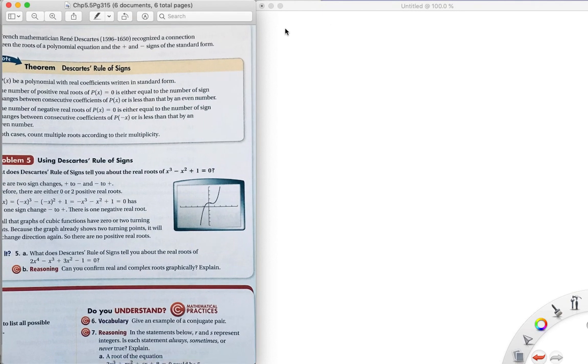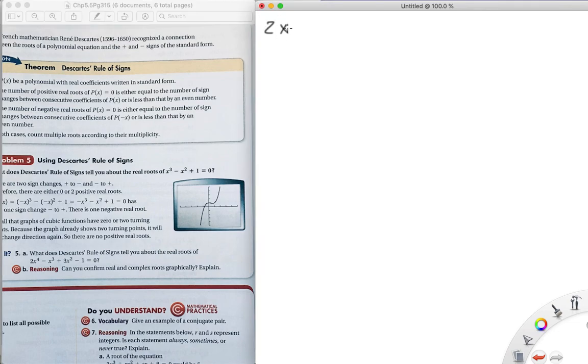So for this guy, 2x to the 4, this is for positive x, minus x cubed plus 3x squared minus 1 equals 0. Here I got positive to negative.